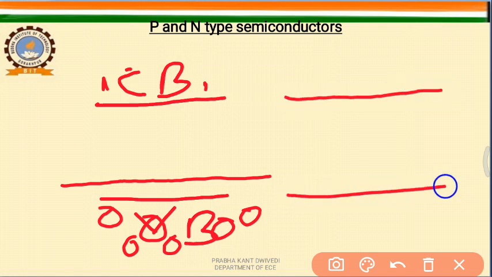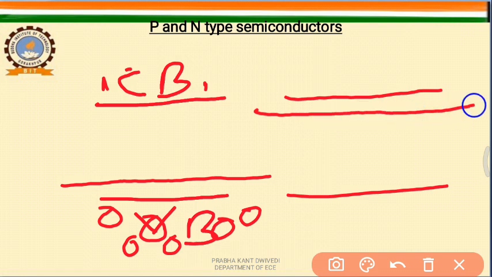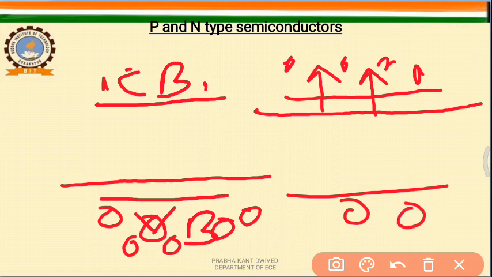These dopant atoms create an energy level exactly below the conduction band, and the free electrons now can move easily from this donor energy level to the conduction band, and a large number of electrons are created in the conduction band and very few holes are created in the valence band.